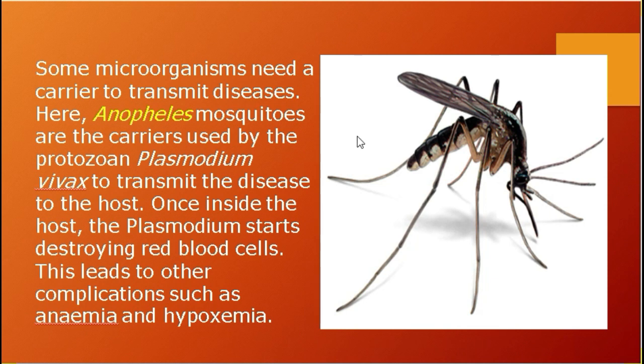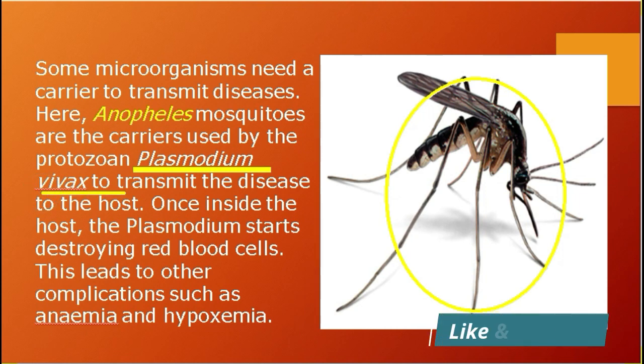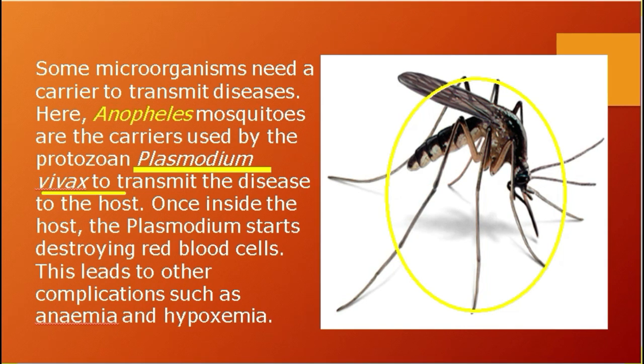As you can see here, this is an image of an Anopheles mosquito that works as a carrier for Plasmodium vivax, the protozoan Plasmodium vivax, to transmit the disease to the host. And once this Plasmodium vivax enters the body, the Plasmodium starts destroying the red blood cells.